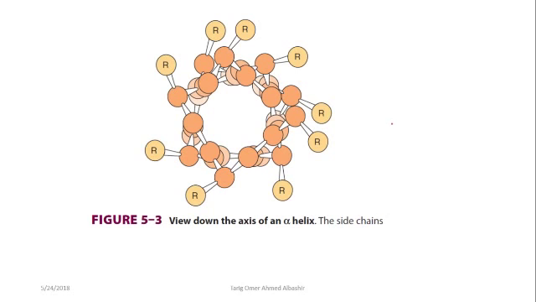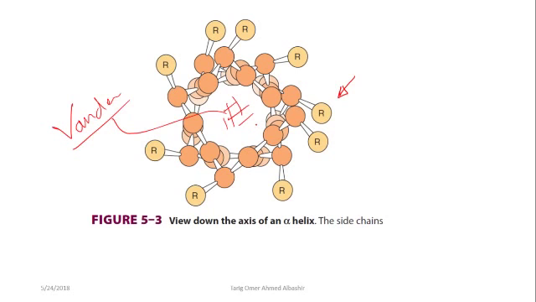Here we see the R groups are outward from the alpha helix. And by the way, here we will have different types of van der Waals forces, which means the interior of the alpha helix is not an empty space.